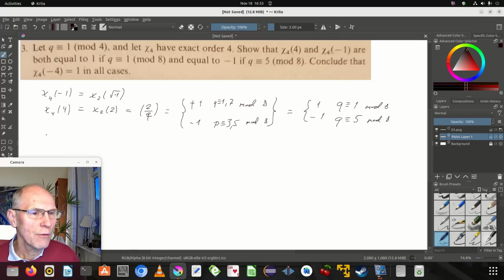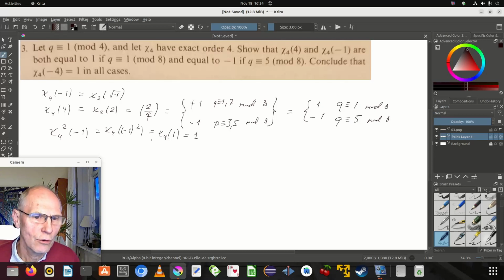Now how about chi 4? We have chi 4 squared equals chi 4 of minus 1 squared, which is chi 4 of unity, which gives unity.